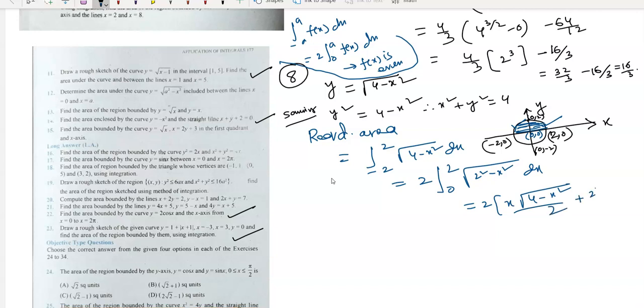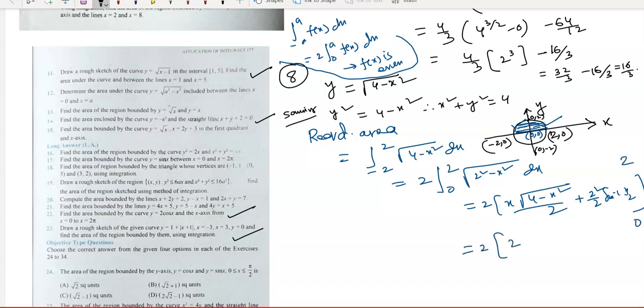That gives x by 2 root of (2 square minus x square) plus a square by 2 sine inverse x by 2, with limits from 0 to 2. If you put x equal to 2 over there, 2 sine inverse 1. Sine inverse 1 is pi by 2. So the answer is 2 pi.